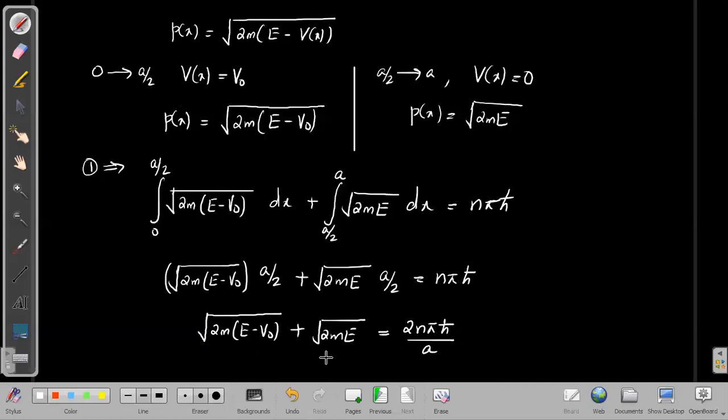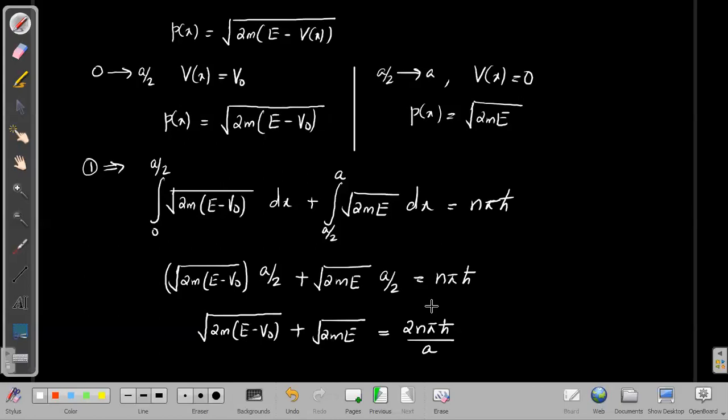Now we have to solve this equation to find the energy. Solving this equation is not a very difficult part. Just square it and work through the problem, and we can find the energy as well. I think that part you can do yourself. If you want, I will give the final answer. You can resolve it in your own time.